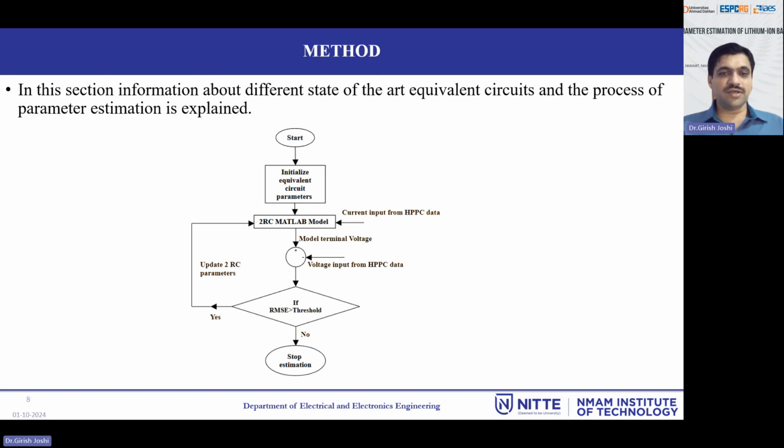As shown next, these values are used in the 2RC MATLAB model. Wherever we have the 2RC model, we use the initialized values as the initial values for those variables. Then, from the HPPC data, we need to make use of the current input, which is used as the input to the MATLAB model where we have a current source as the input.